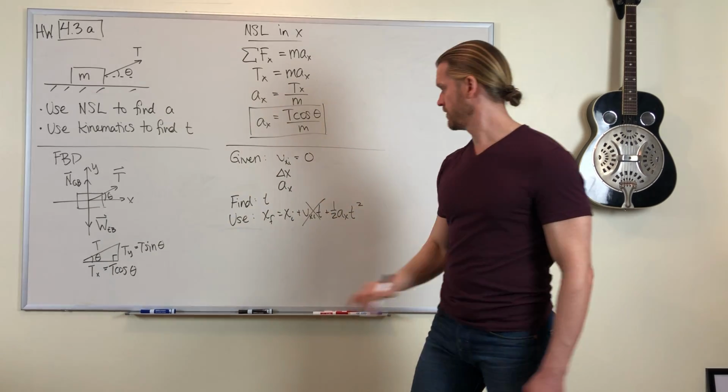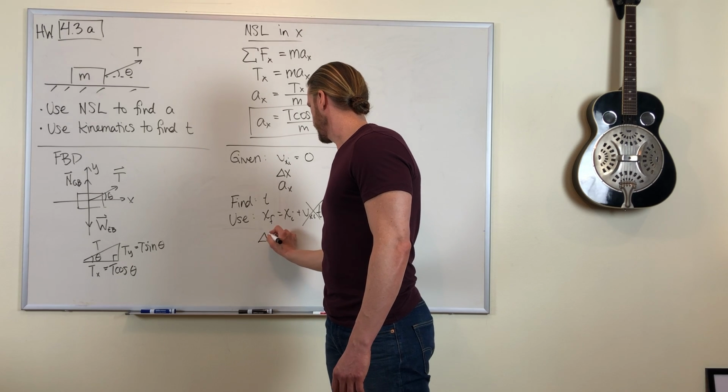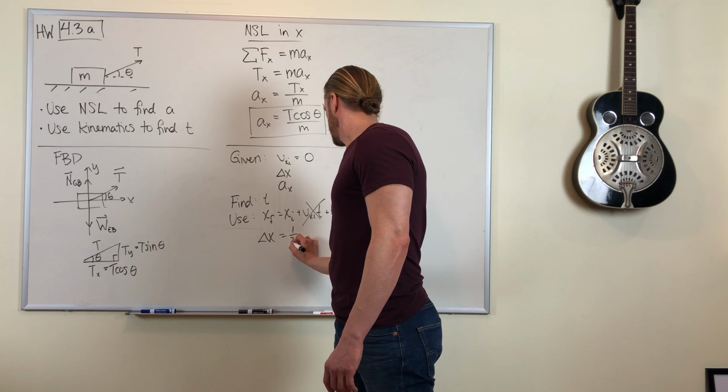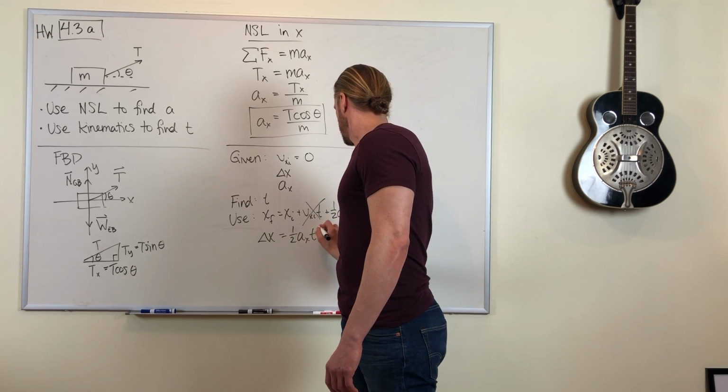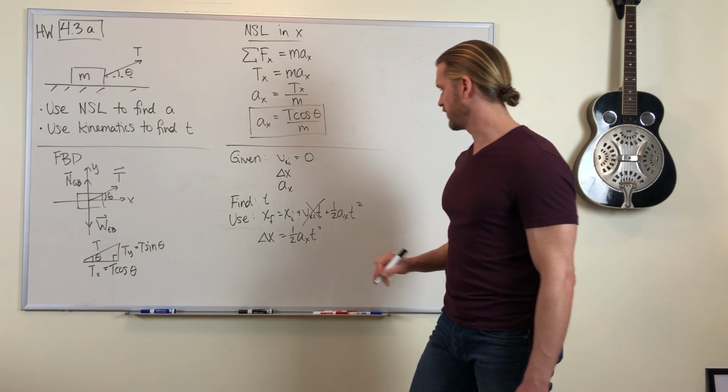That part's 0. And we can subtract x initial from both sides to get delta x. And finally, we can do a little bit of algebra to solve for t.